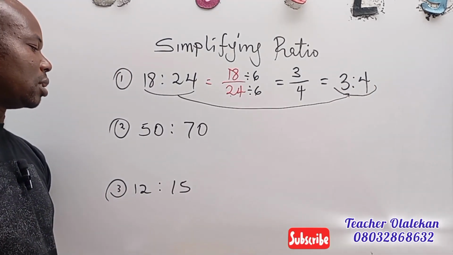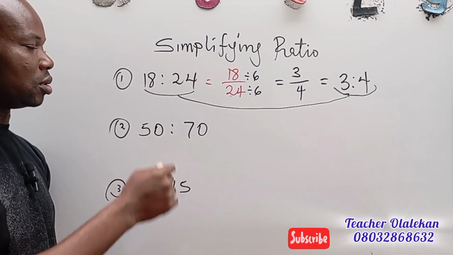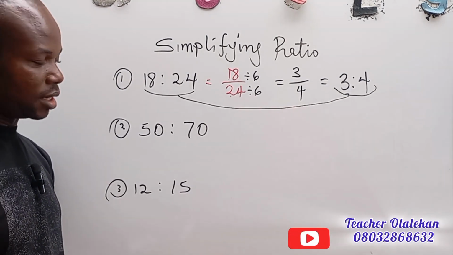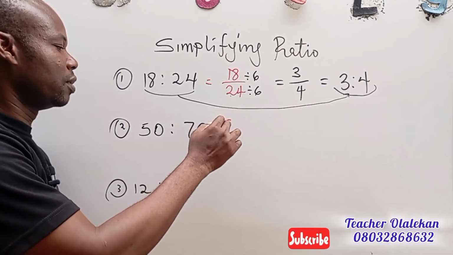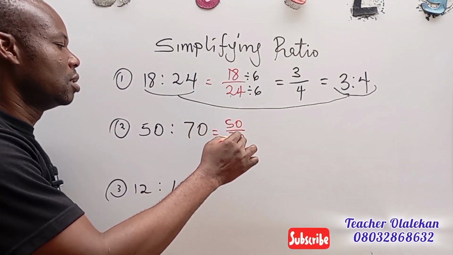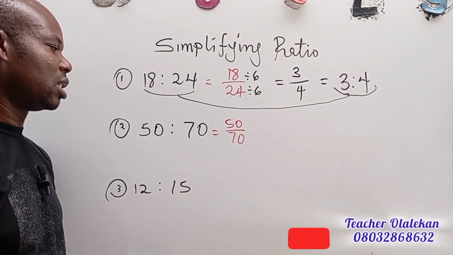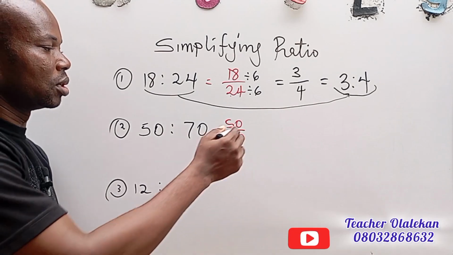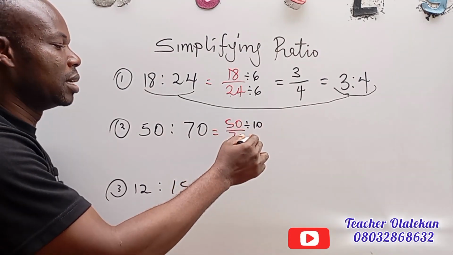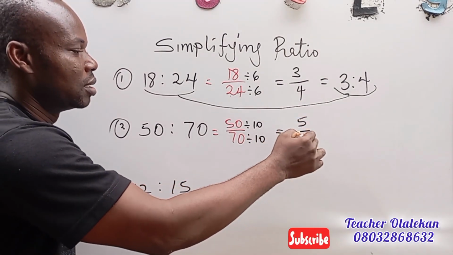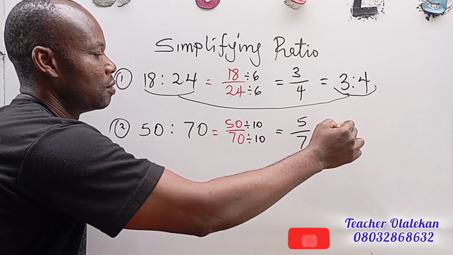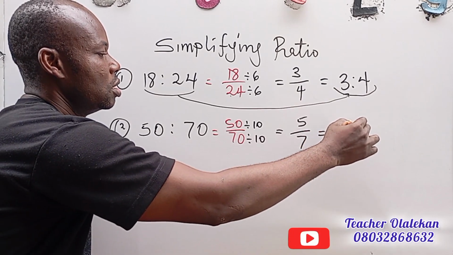The same thing we have here, 50 ratio 70. How do we simplify it? To simplify it, you write them on each other as a fraction. That's 50 over 70. Then you divide by 10. I think 10 is a good factor here. So 10 divided by 10, divided by 10. That becomes 5 over 7, and that is the same thing as 5 ratio 7.